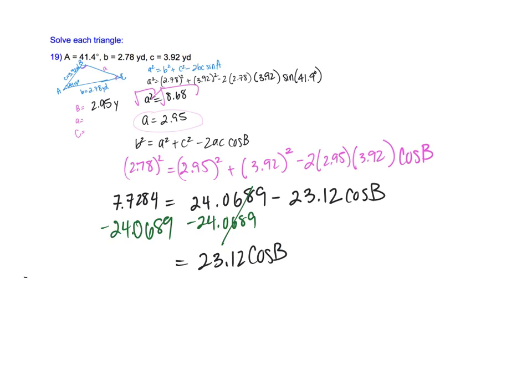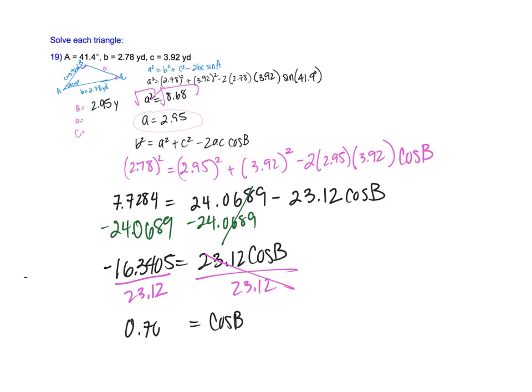So 7.7284 minus 24.0689, that's going to give me negative 16.340. And then I have to divide by 23.12. And so that gives me cosine of B, which is equal to 0.707.